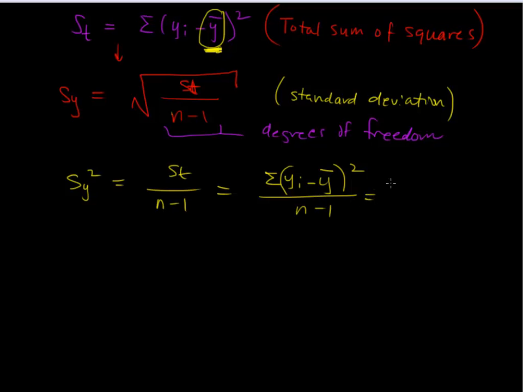This can also be rearranged to say the sum of yi squared minus the square of the sum of yi over n, all over n minus 1.